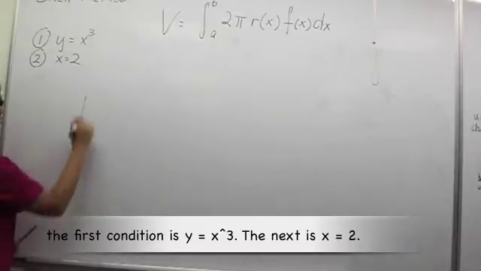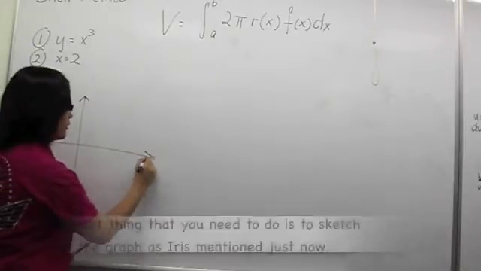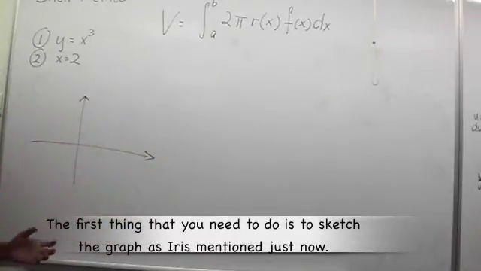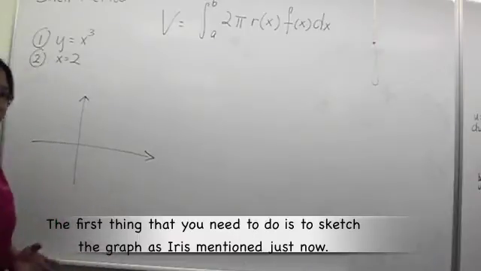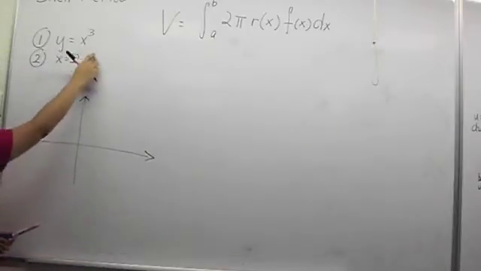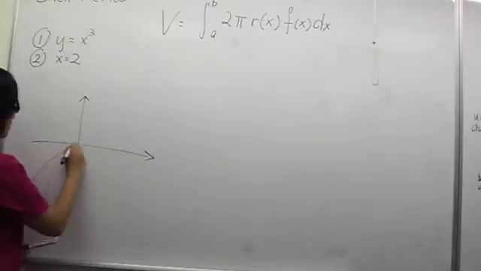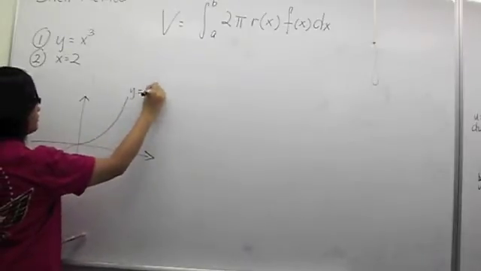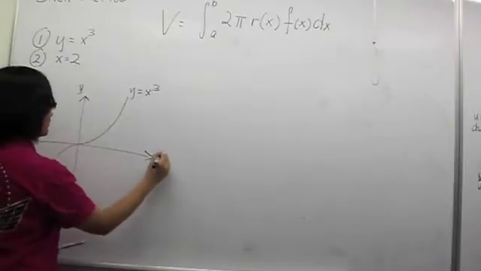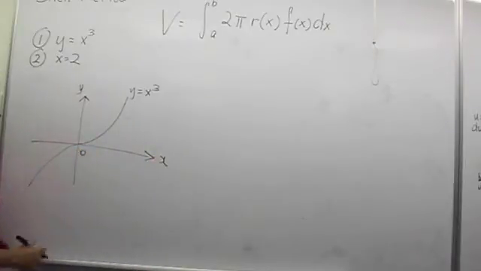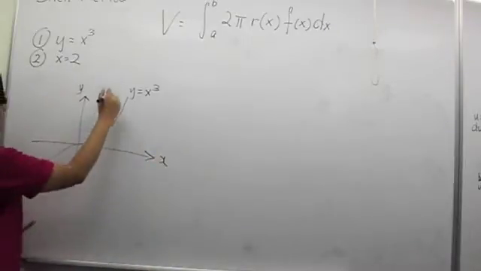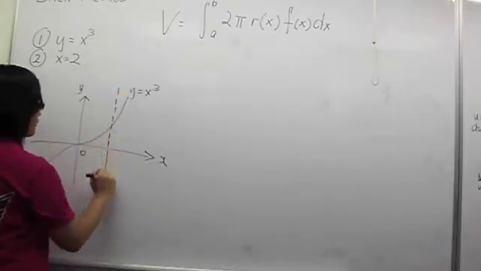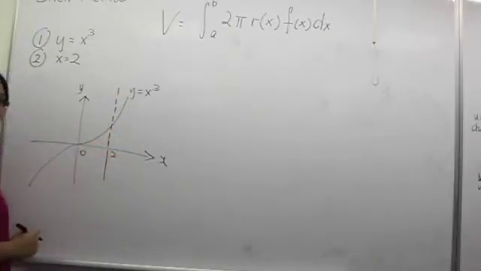The graph, the first thing that you need to do is to draw the graph. Y equals x cubed is something which looks like this. X equals 2 is somewhere here.